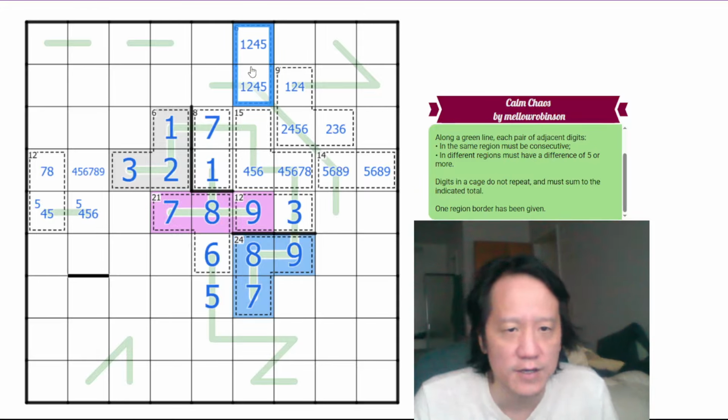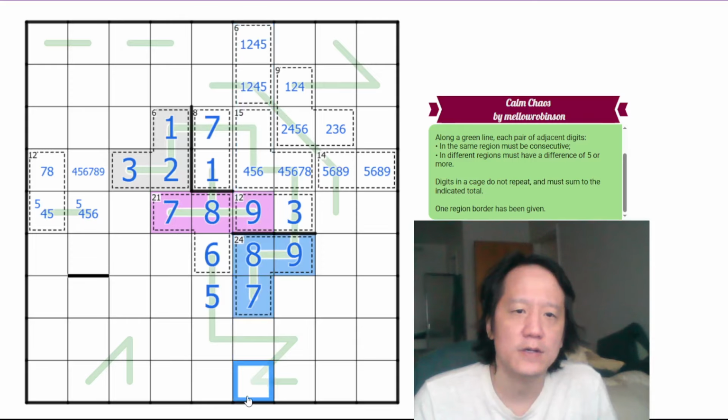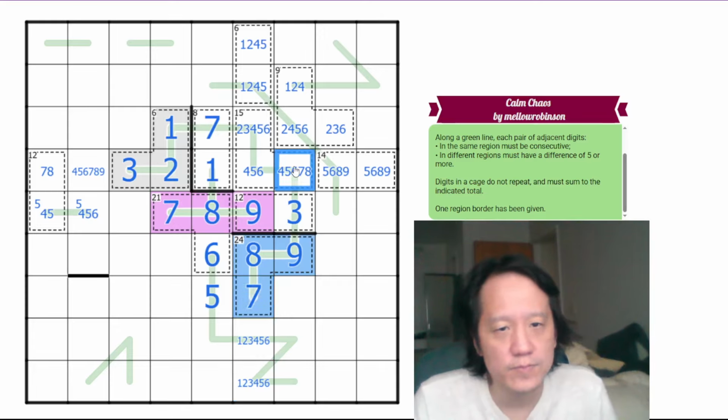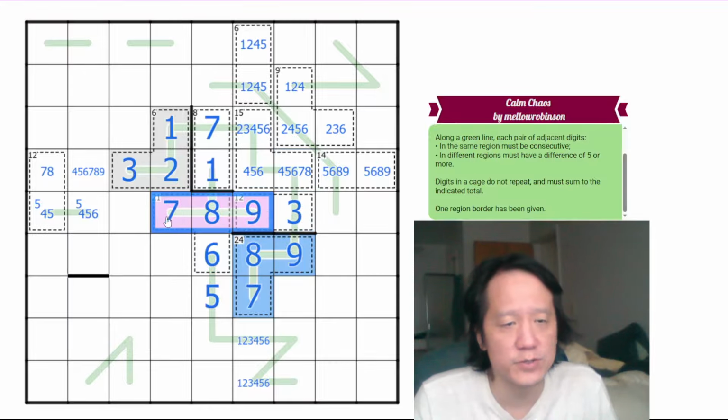Actually, we have in column 6, the remaining digits are 1 through 6. So this can't be 1 because of the 1 in the row. These are 1 through 6, 1 through 6 here. These could be part of the same set here. We don't know.